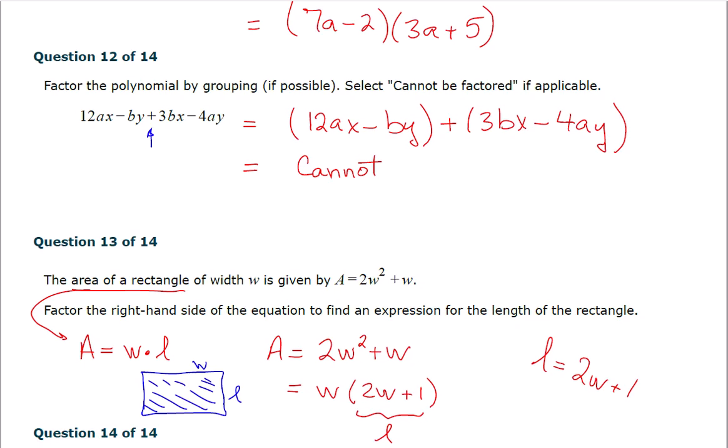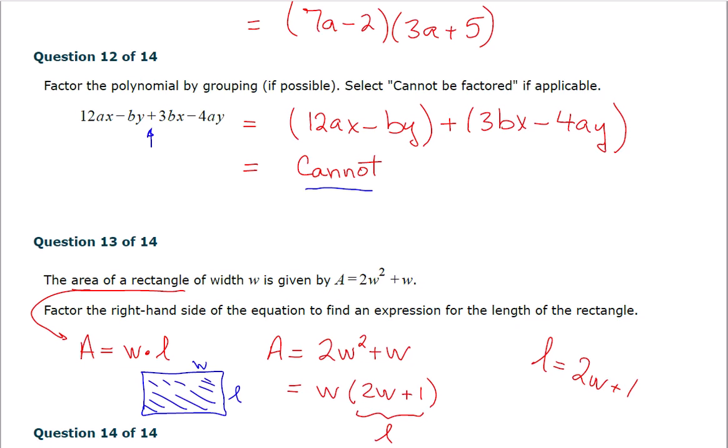A is not in common. X is not in common. Y is not in common. This doesn't look promising. And then looking at the second piece, well, the numbers can't do anything. No B's, no X's, no A's, no Y's in common, so we cannot factor this thing.